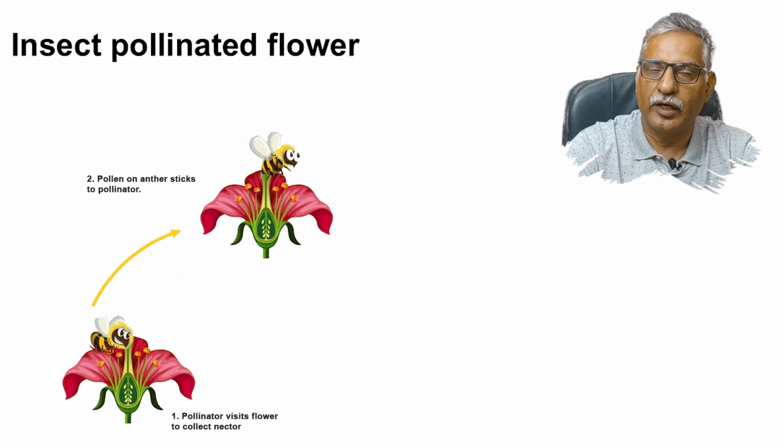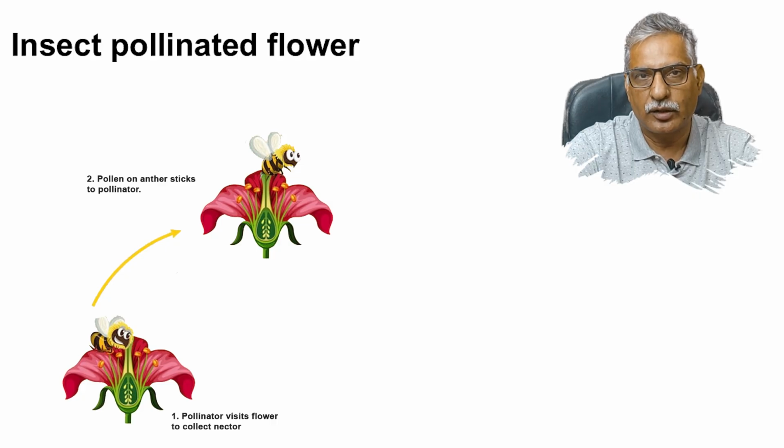But while they are moving down towards the base of the ovary, they are brushing around the anthers of the stamen. Within the anthers, large spiky pollen grains are present, and these may get attached to the wings, to the bristles on their abdomen, or to the pouches on their legs.